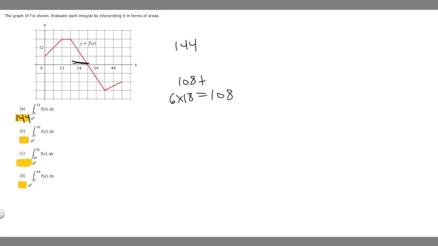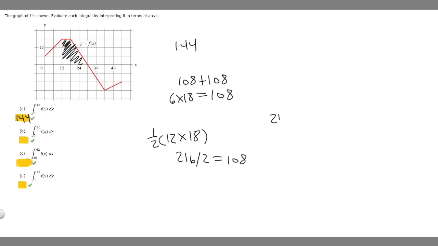The base is 12, the height's 18. So 1/2 times 12 times 18. 12 times 18 is going to be 216, divided by 2 is going to be 108. So it's 108 plus 108 for the area of this part right here.